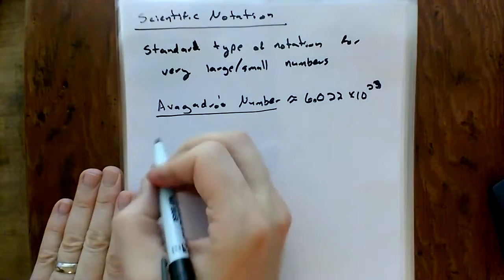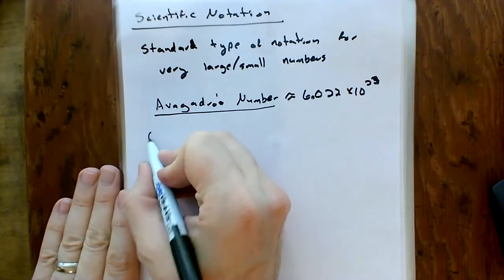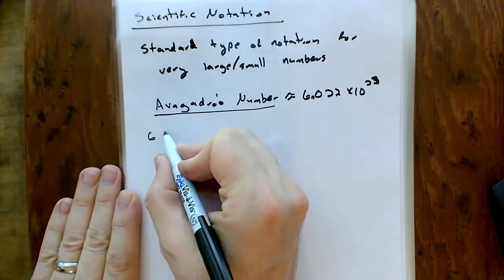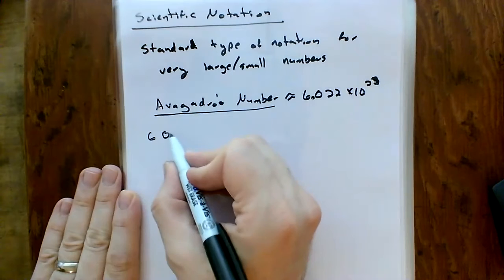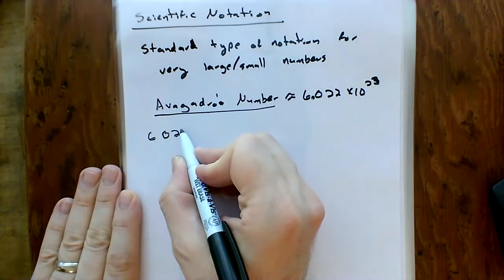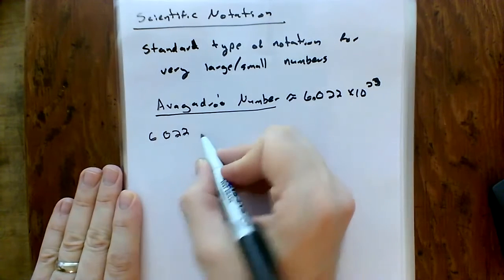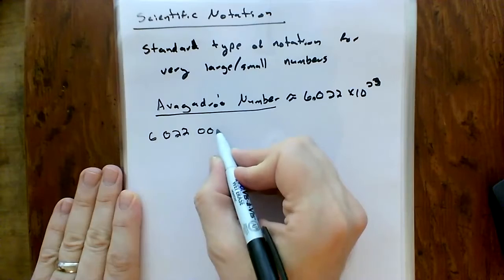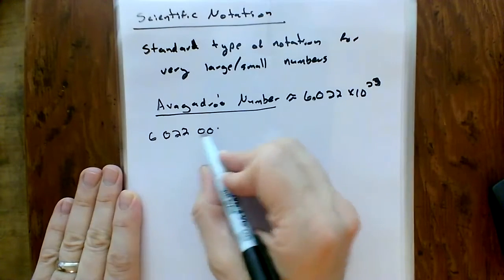So when I write this out, this is going to be 6.1, 2, 3, 4, 5. Oops.